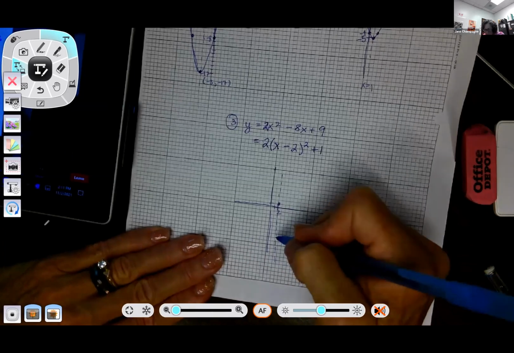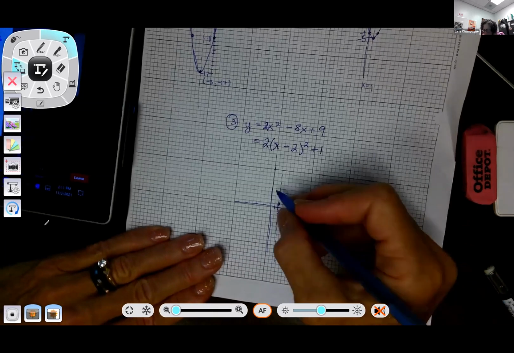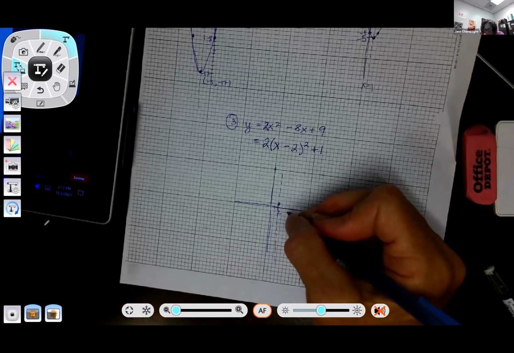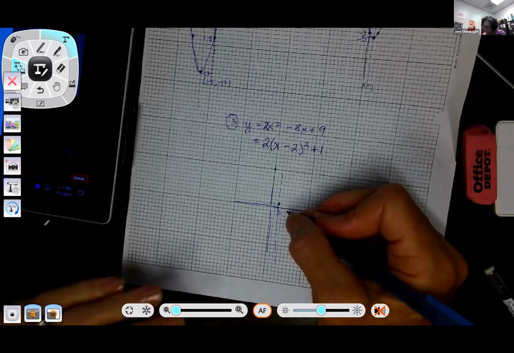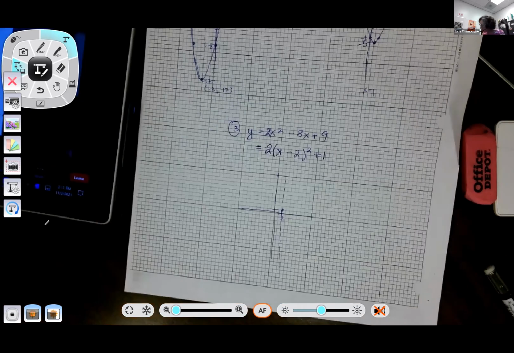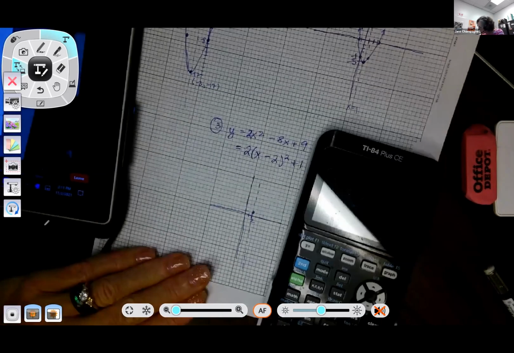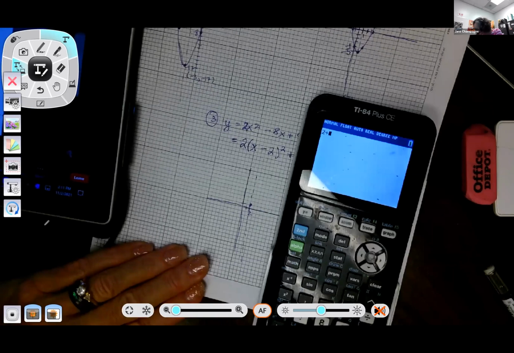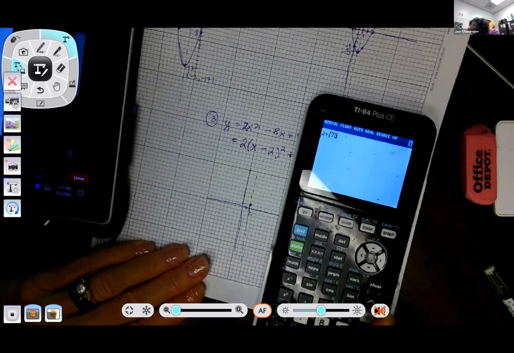X-intercepts were symmetric around that, 2 plus root 7 over 2 and 2 minus root 7 over 2, which I did not calculate. Let's see. 2 plus the square root of 7, and it was just the root 7 that's over 2, not the whole thing.